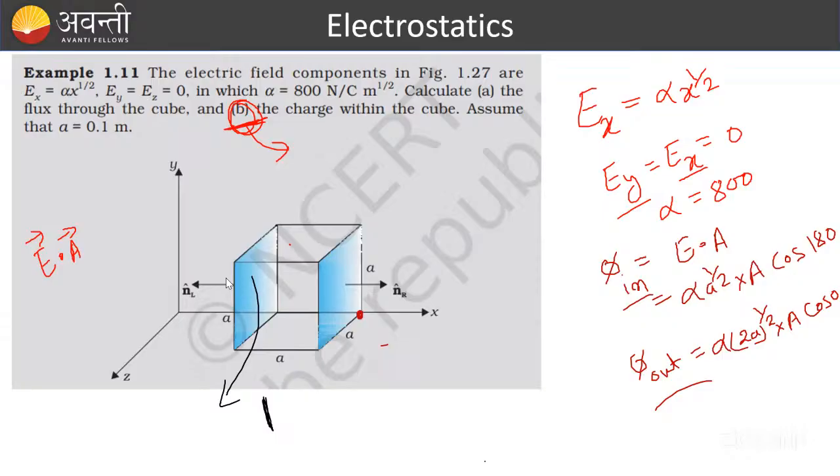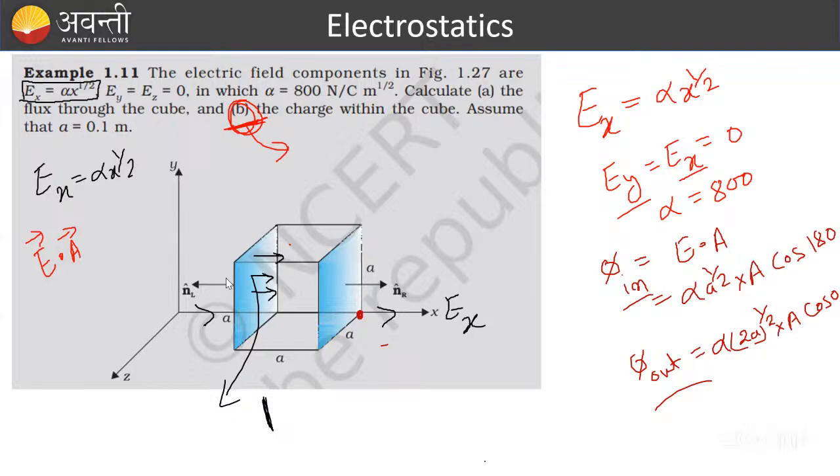इलेक्ट्रिक फील्ड इज directed along the x axis. Ex का value given है ना. Ex is how much? Alpha x 1 by 2. So electric field is along x axis. So this is the direction of Ex. So here when electric field is entering, its direction is where? Along the x axis. And what is the direction of area vector? Area vector is always perpendicular to the surface.